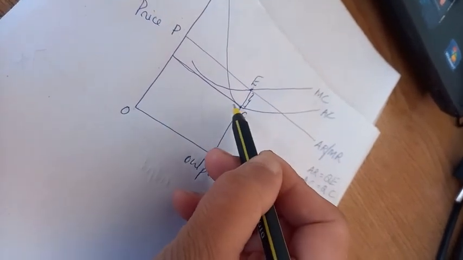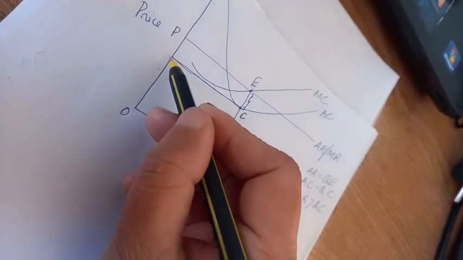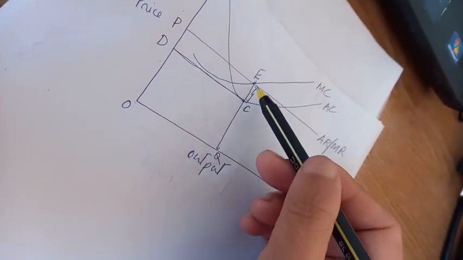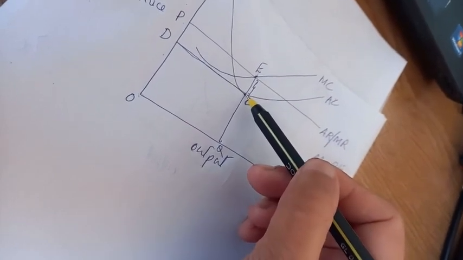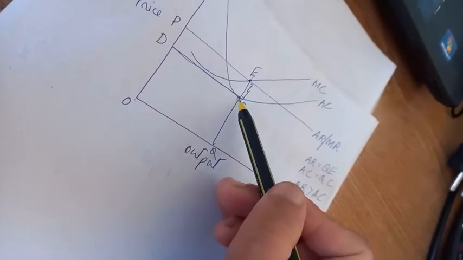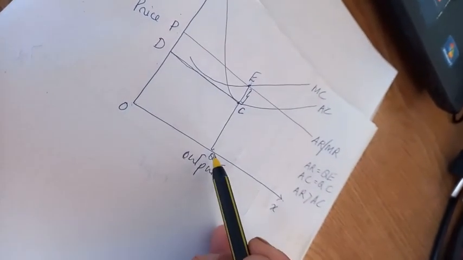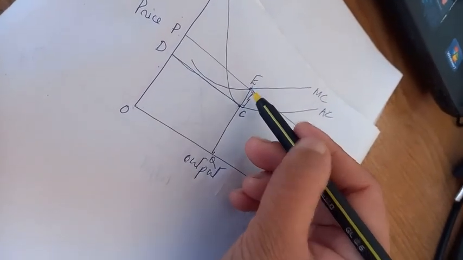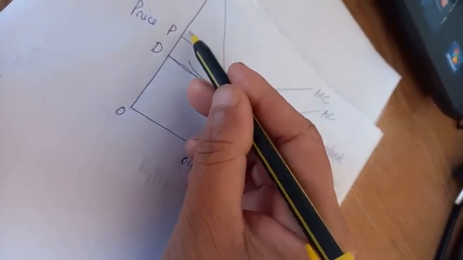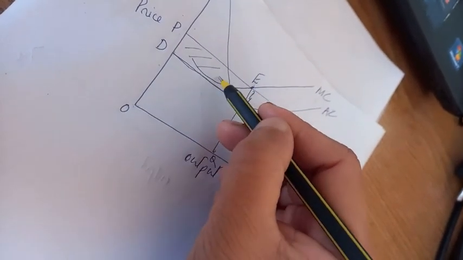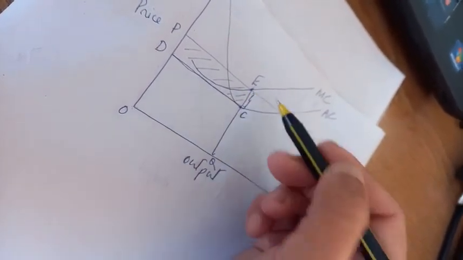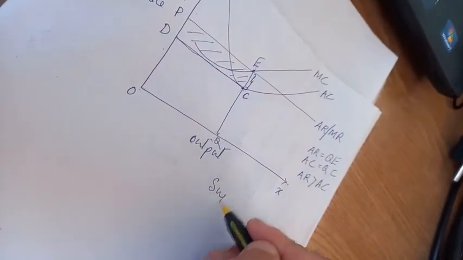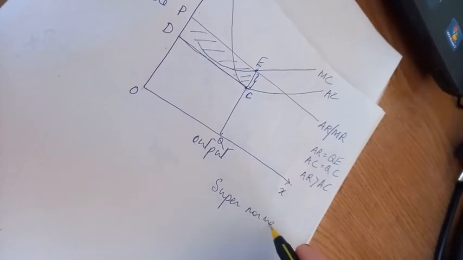From point C, I extend towards the OY axis and write D. If I multiply this EC, the profit per unit, with the total output CD, which is the same as QO, what I will get is ECDP, which means this is the total profit being enjoyed by this particular firm. And such a profit is referred to as the supernormal profit.